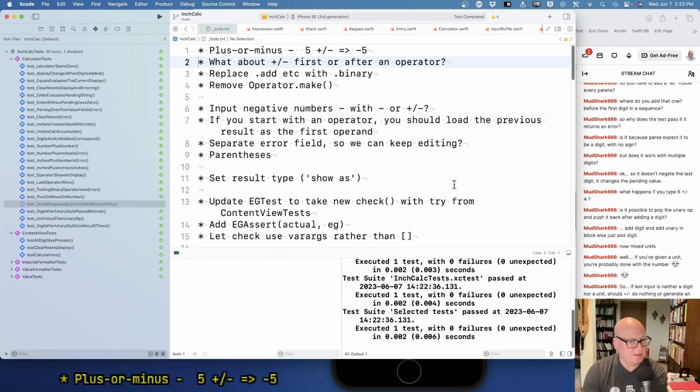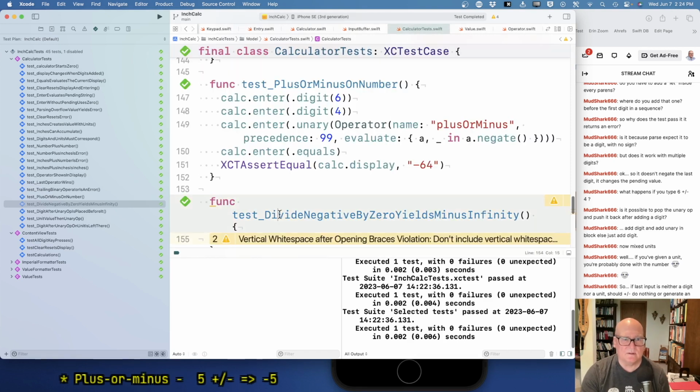If you type 7 plus or minus 3, I think that should be an error. I don't know if there's a way to make it come out right. It could be a confusion that you think plus or minus is a prefix operator, I guess. But I think we'll do it. Let's make a test for it.